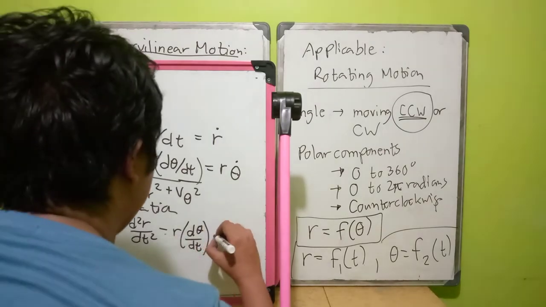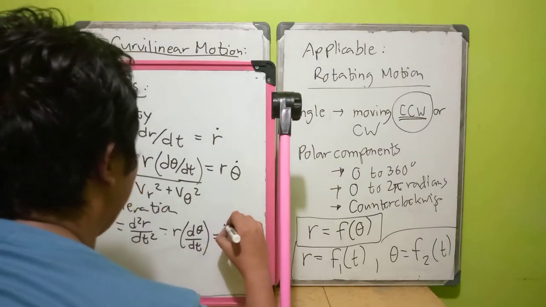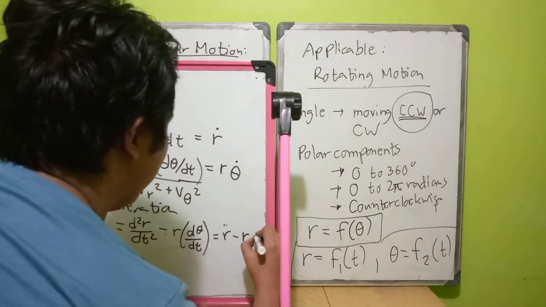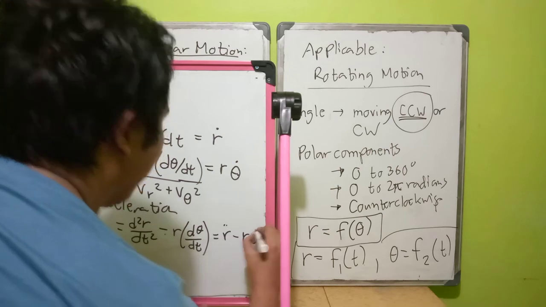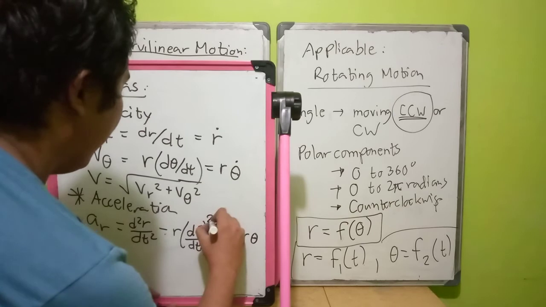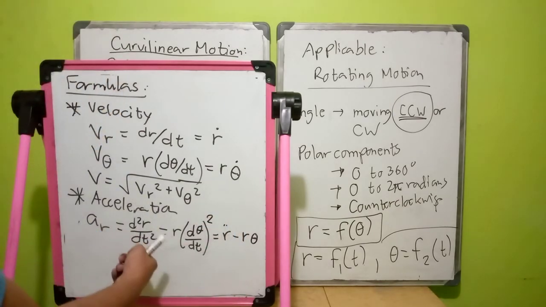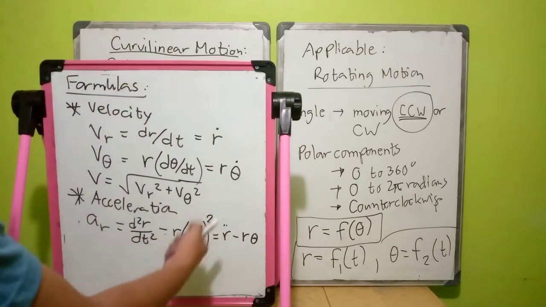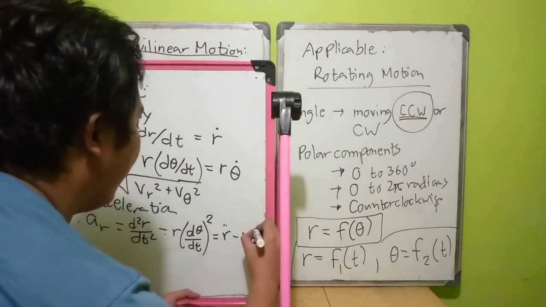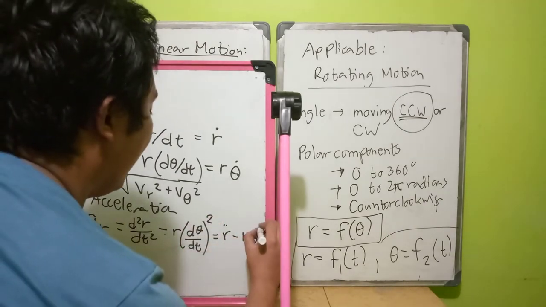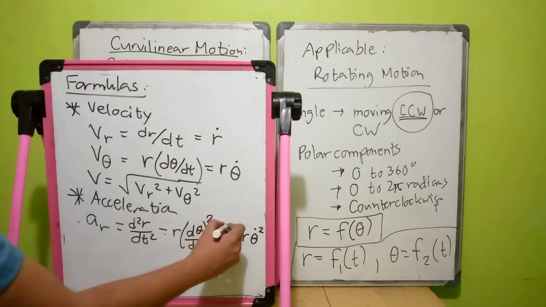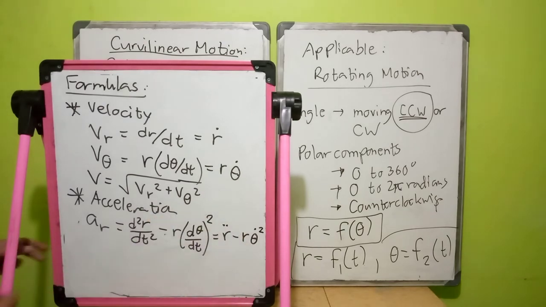You can also represent this as r with a double dot at the top minus r times theta with a single dot to the power of 2. These two are equivalent.